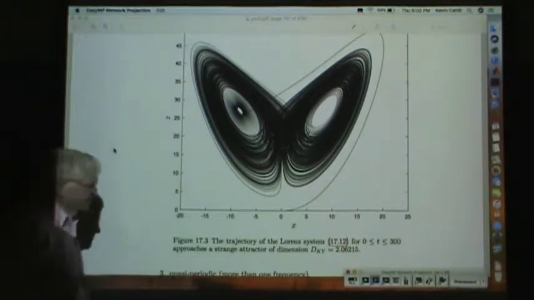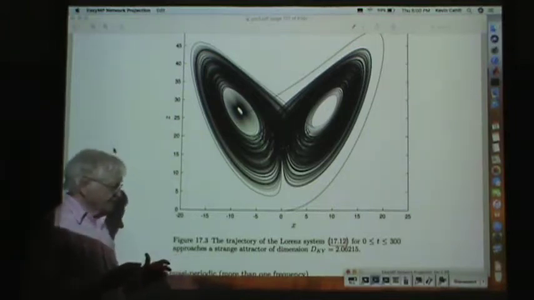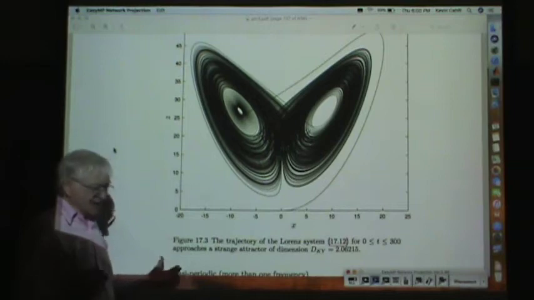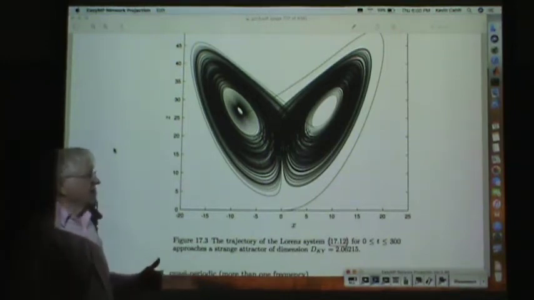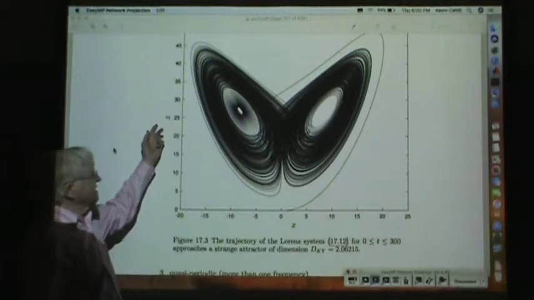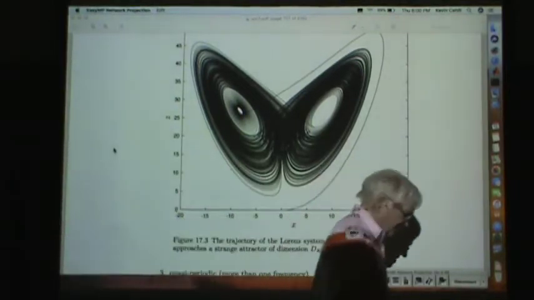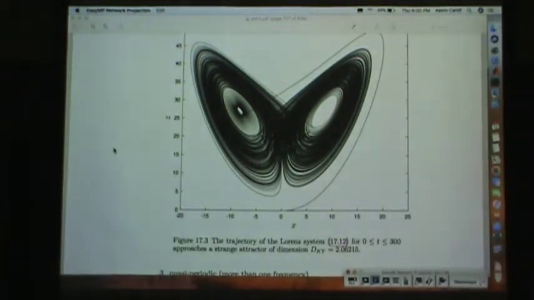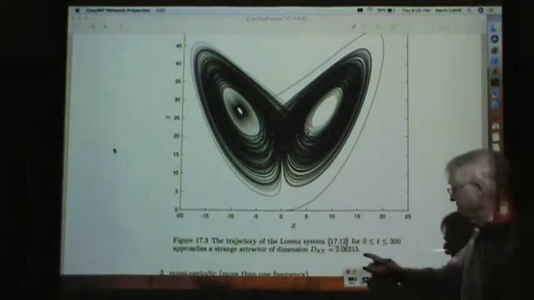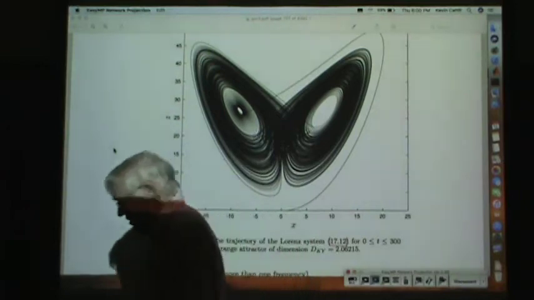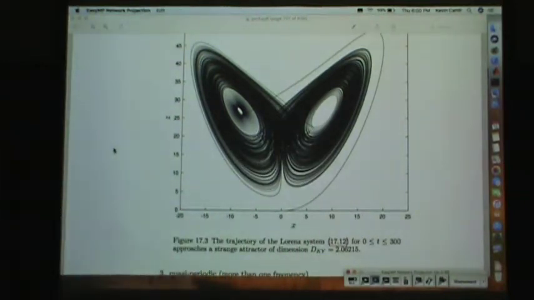In other words, in three-dimensional space, x, y, z, what we're plotting here are x and z. The trajectory of the curve in three-dimensional space eventually converges at infinite time to a set of points that has dimension slightly bigger than 2, but not as big as 3.